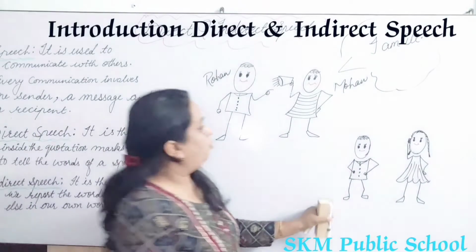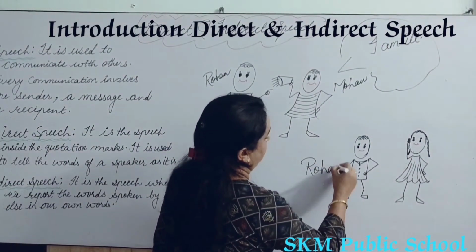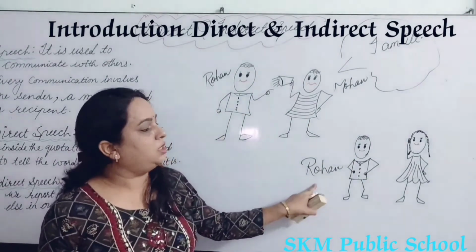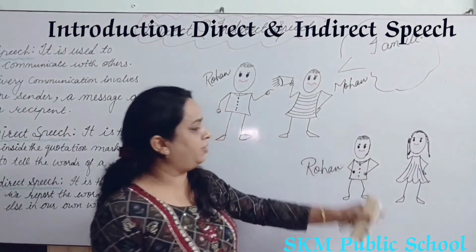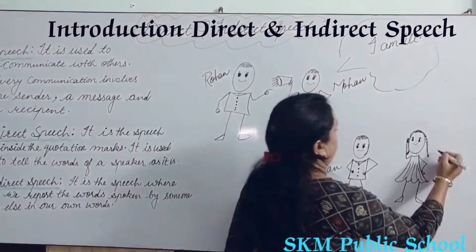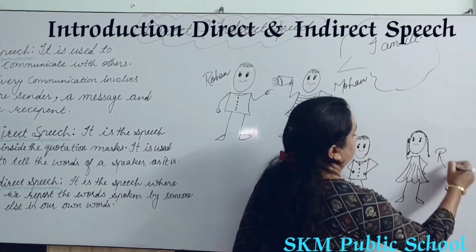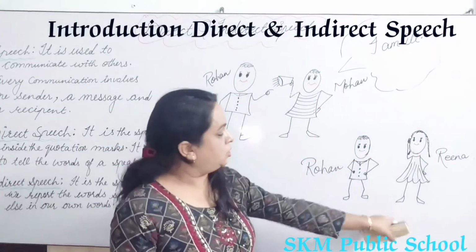Now, after two or three days, or the next day, Rohan met his friend who was a common friend of Mohan and Rohan. The name of that friend is Reena.